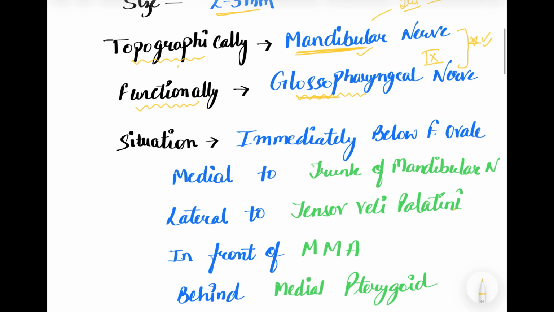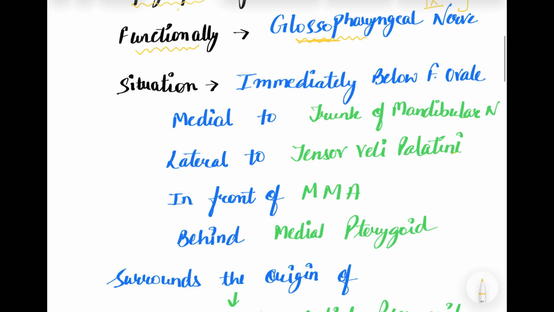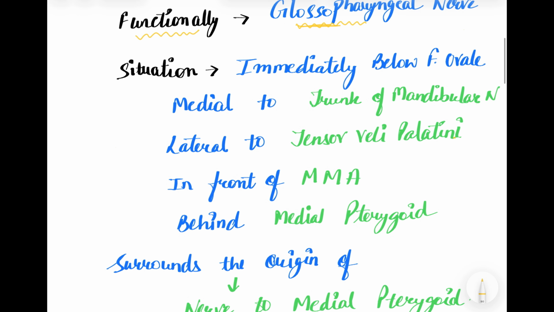Now talking of the location of this ganglia, it is lying just underneath the foramen ovale, that you will see at the norma basalis. Through the foramen ovale pass structures that you must have remembered from your classes: mandibular nerve, accessory meningeal artery, lesser petrosal nerve and emissary vein.